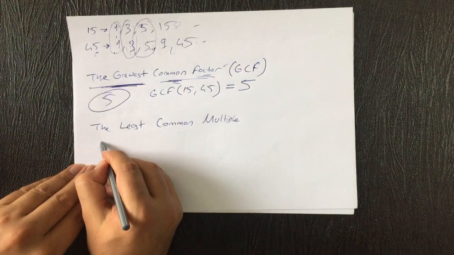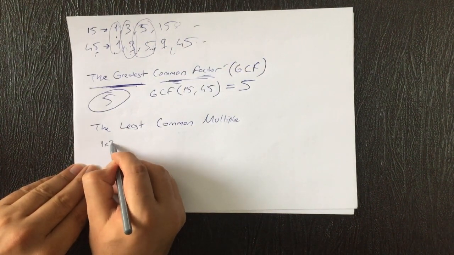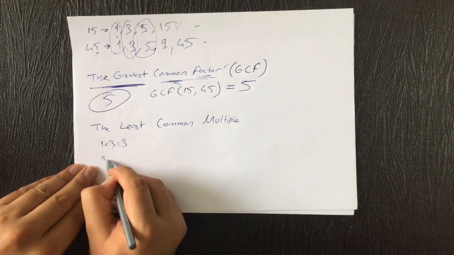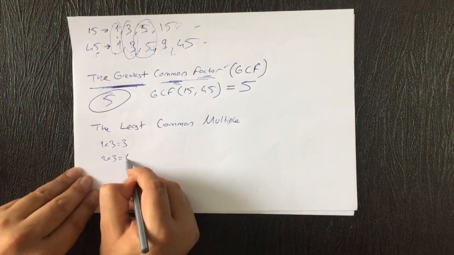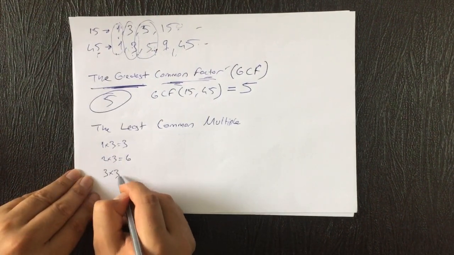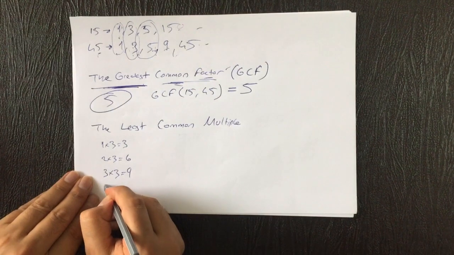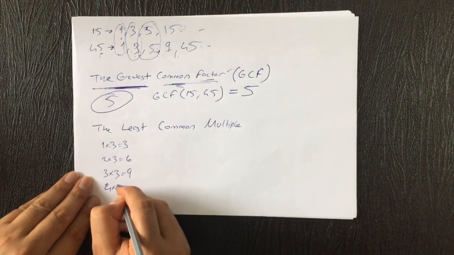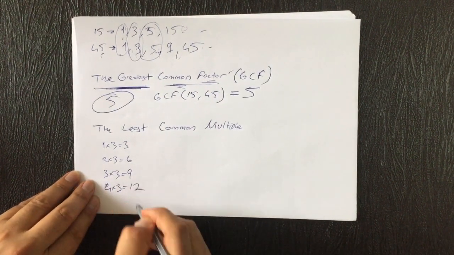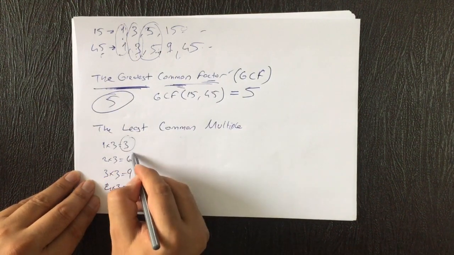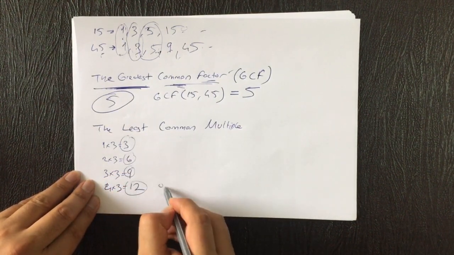Look, for example, look at the 3. 1 times 3, it is 3. 2 times 3, it is 6. 3 times 3, it is 9. 4 times 3, it is 12. Look, these are the multiples of 3.